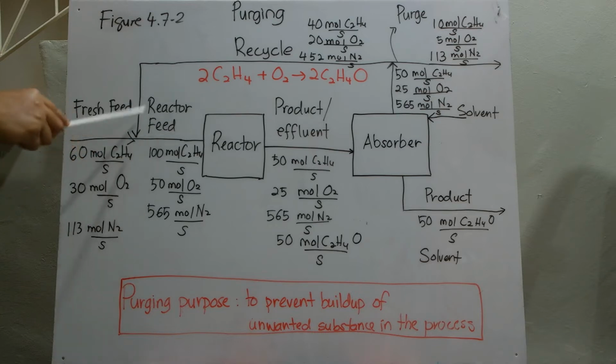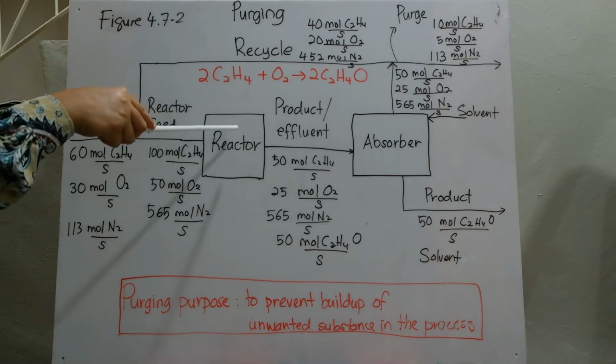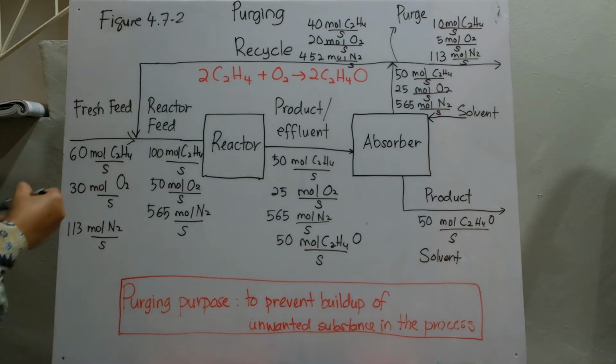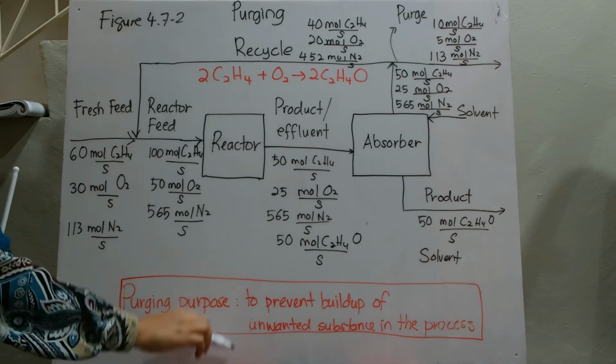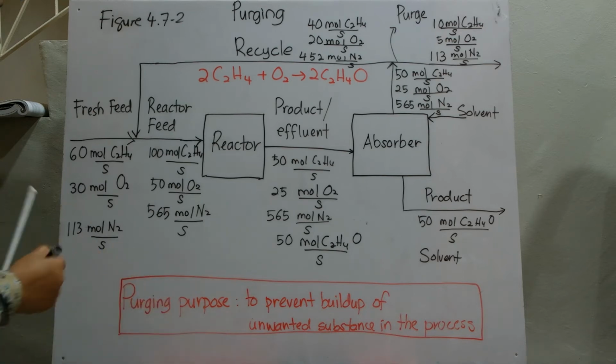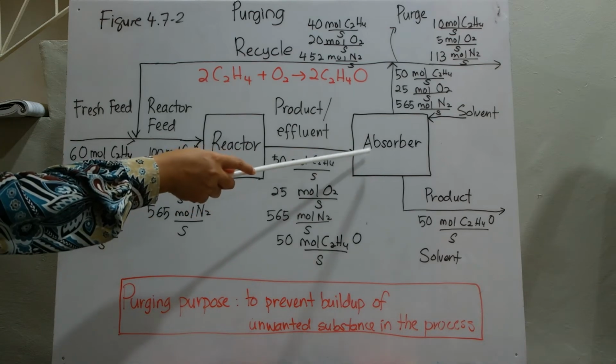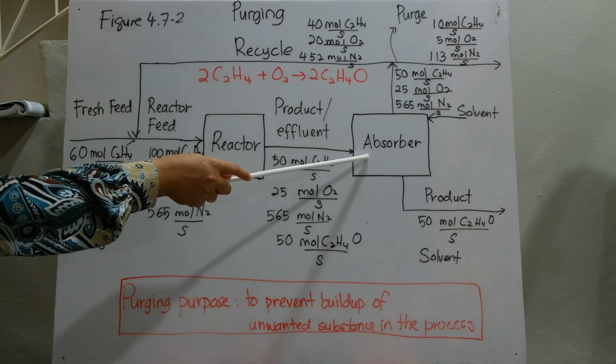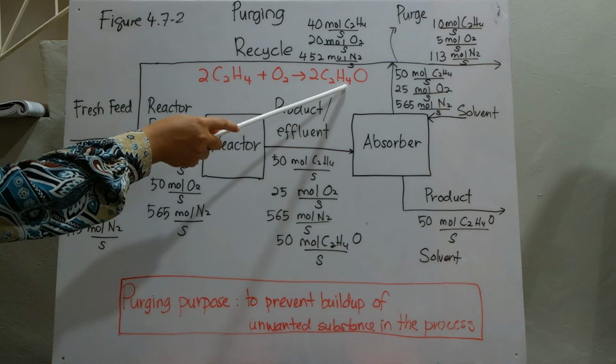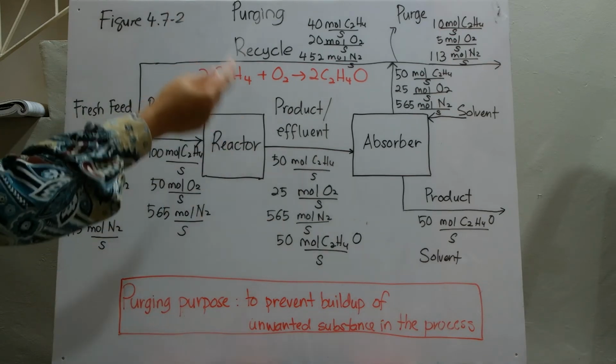As this reactor feed goes into the reactor, it produces product, or sometimes called effluent, and this effluent is sent into the absorber. The purpose of the absorber is to separate your product ethylene oxide from the other compounds.